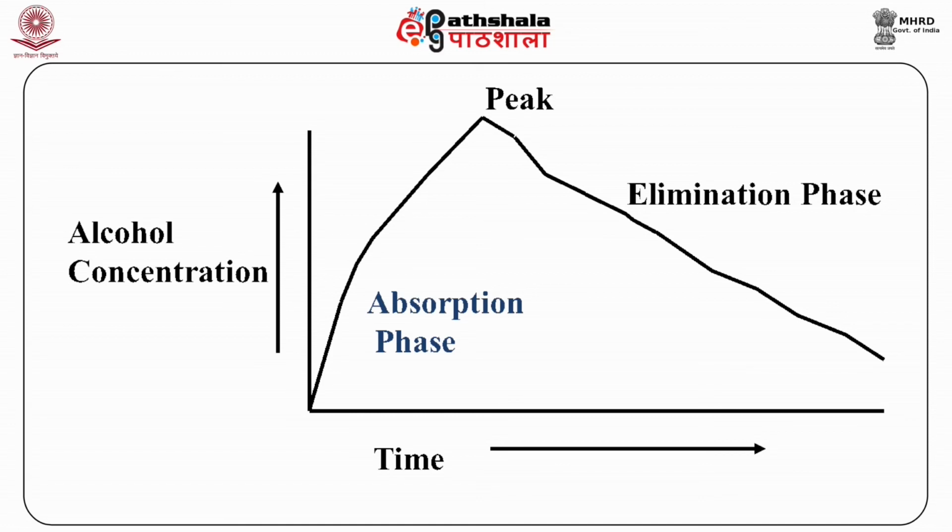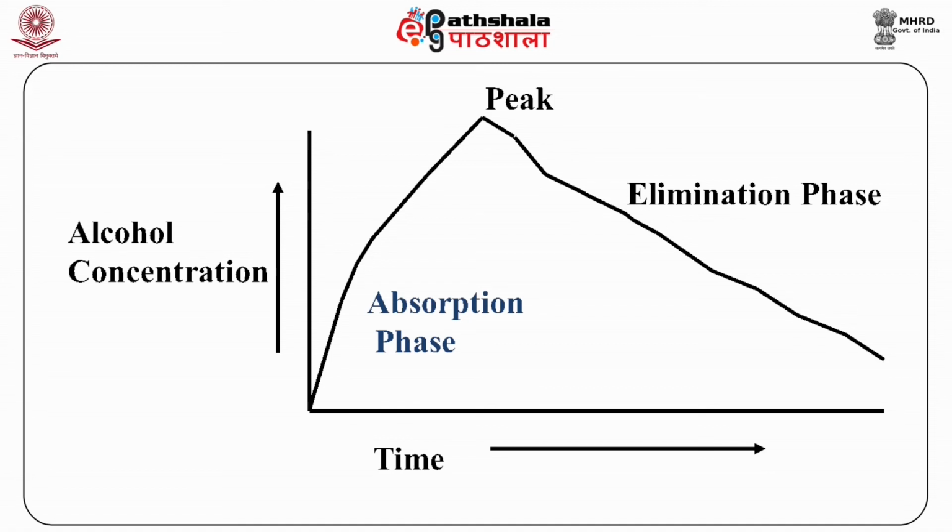During this initial phase of absorption, the alcohol is not distributed uniformly throughout the body. Once distributed uniformly, a state of equilibrium is achieved, which generally is followed by the phase of elimination.